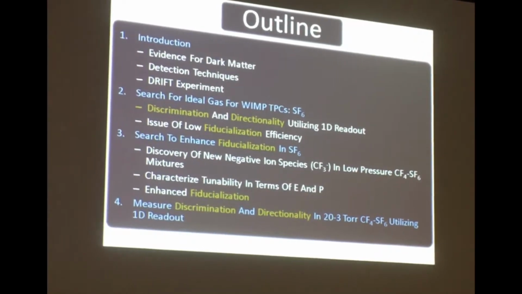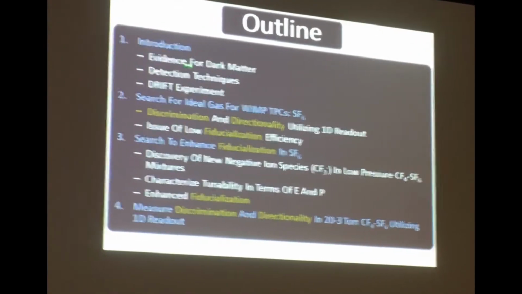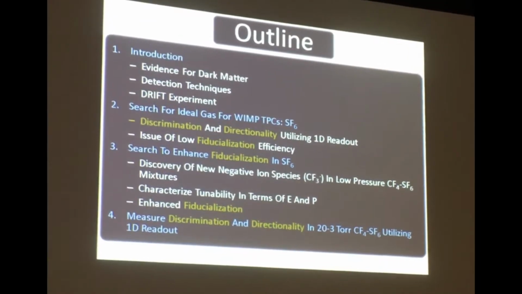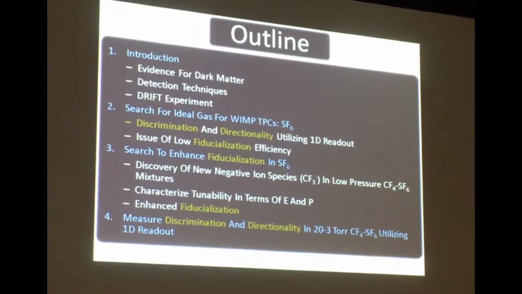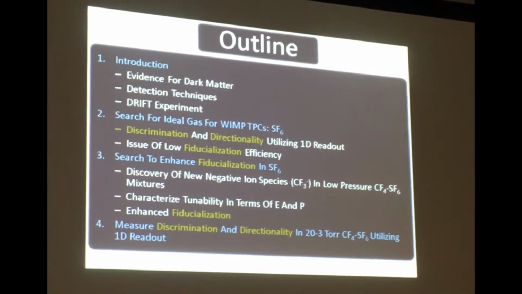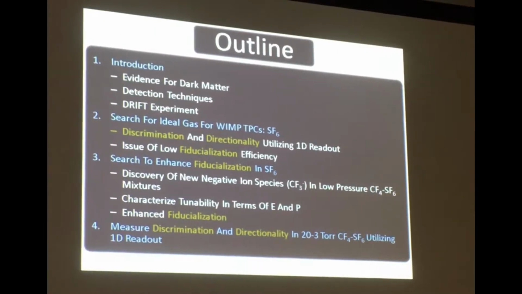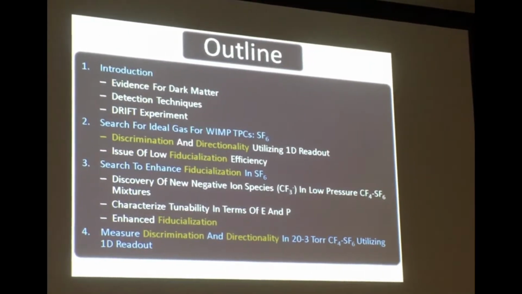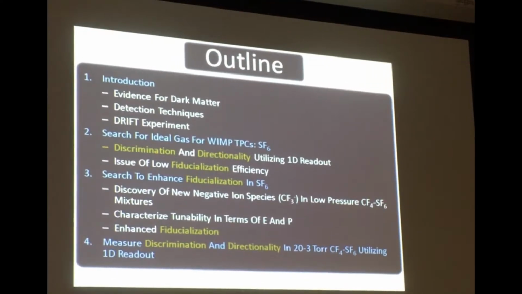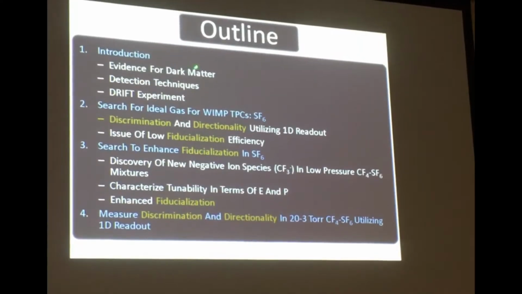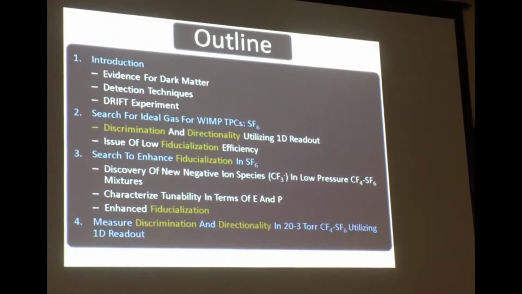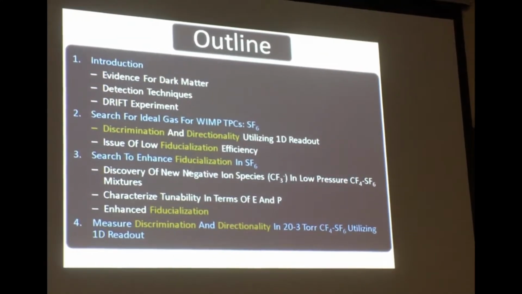And then after I've defined those, I'm going to give evidence for dark matter, and I'm going to describe direct detection techniques for dark matter, and then the leading directional dark matter experiment, DRIFT. And I'm going to talk about some drawbacks of the DRIFT experiment and how that motivated my research.